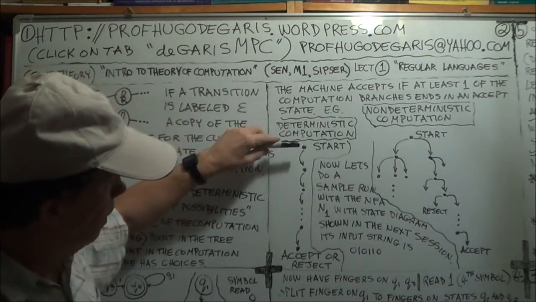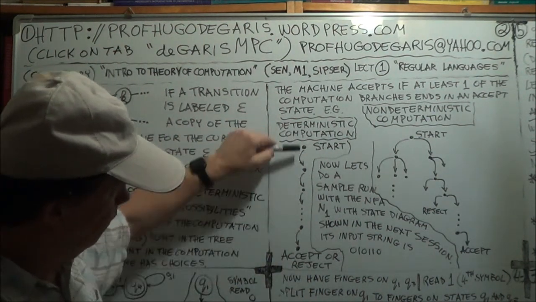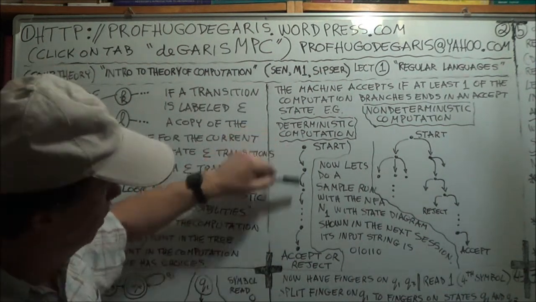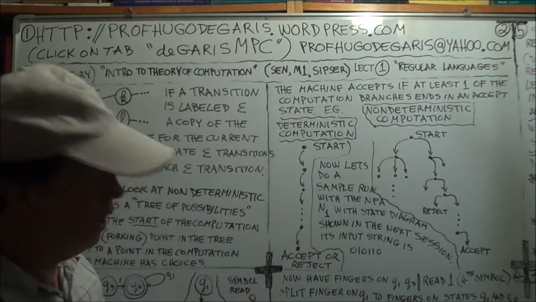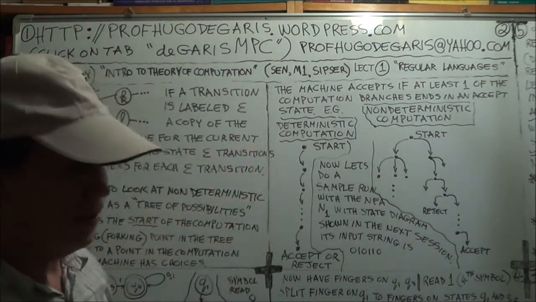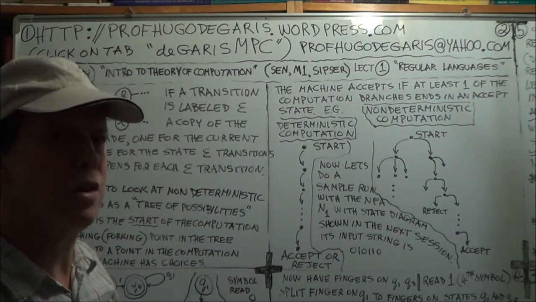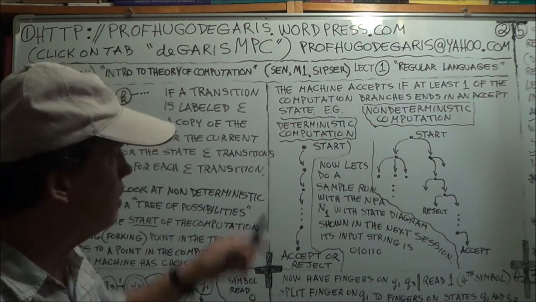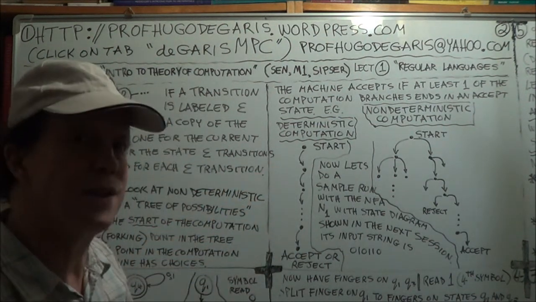So the history of state change is just like a line, like a rope. There's no branching. You can't have any branches because then it would not be deterministic. Deterministic means there's only one choice for the next state.